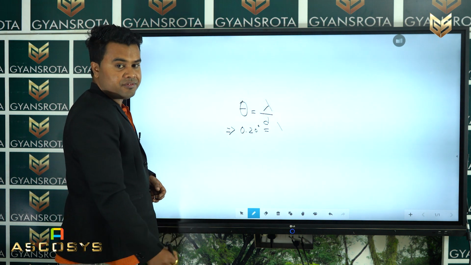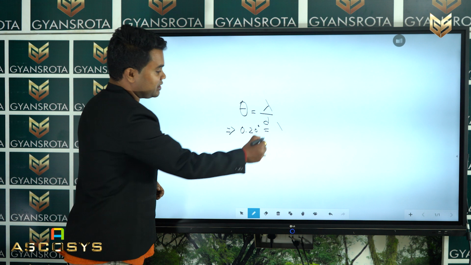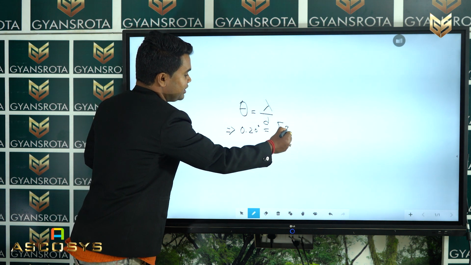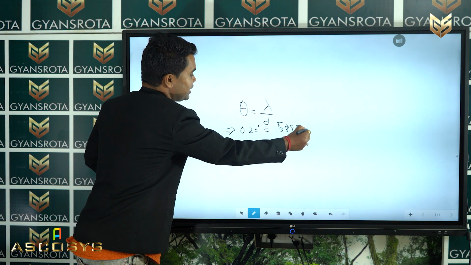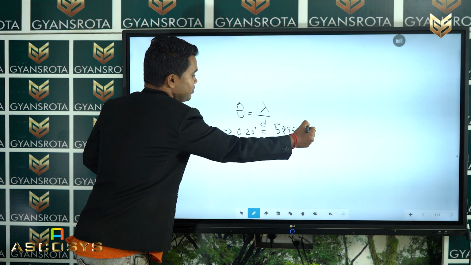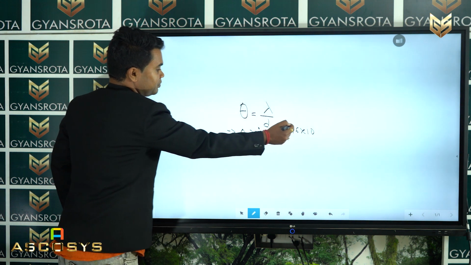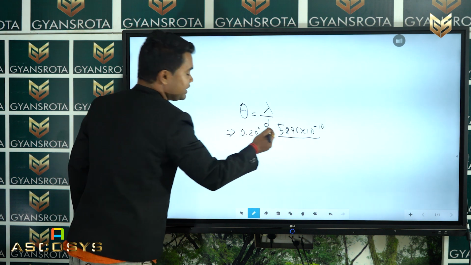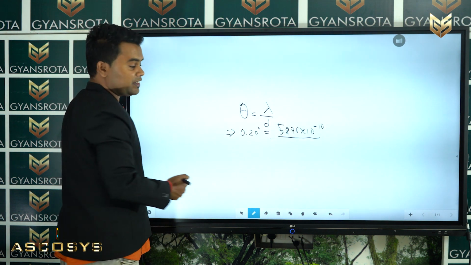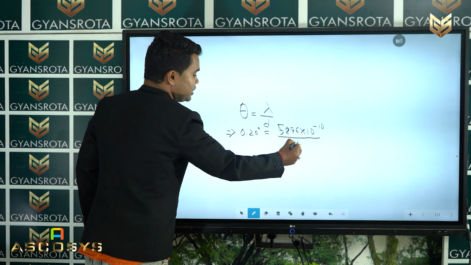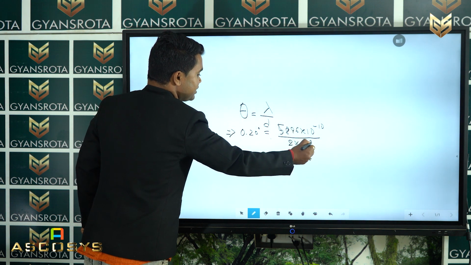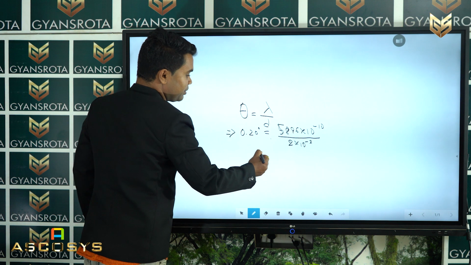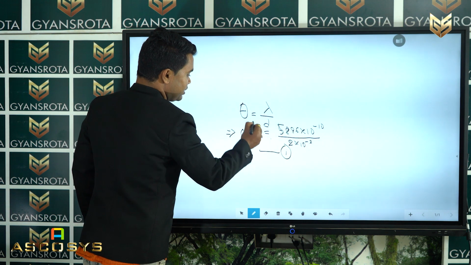It is 5896 into 10 to the power minus 10, that is in Angstrom, right, divided by the distance d. Distance d is given as 2 millimeter. So 2 into 10 to the power minus 3. So put it equation number 1, theta 1.